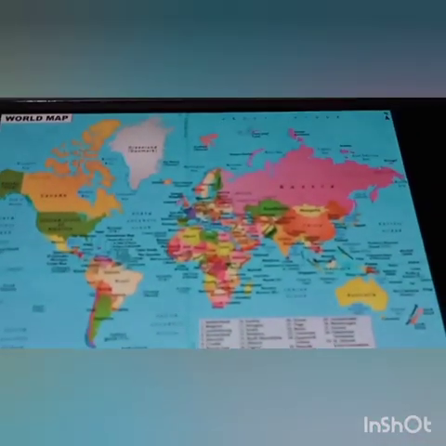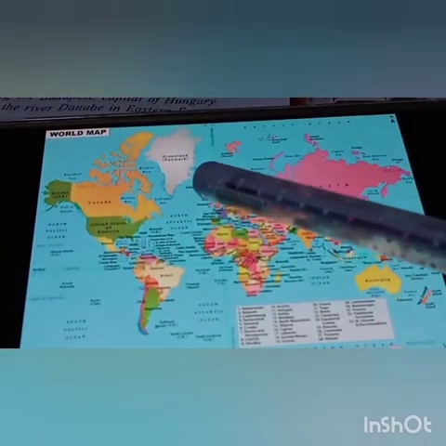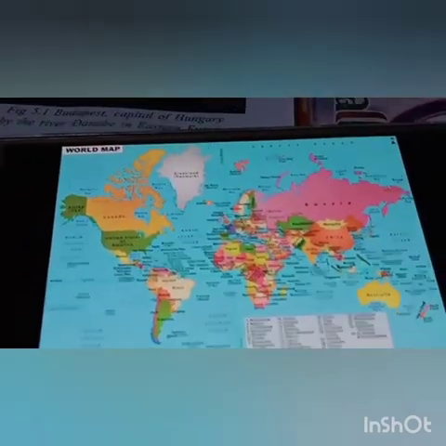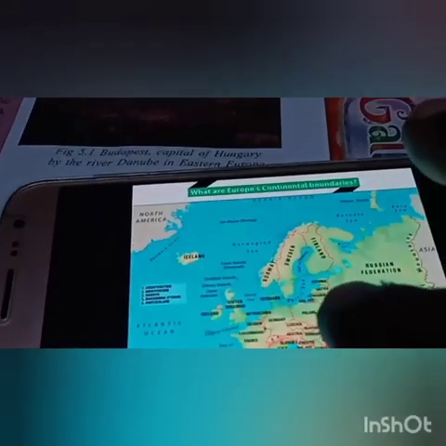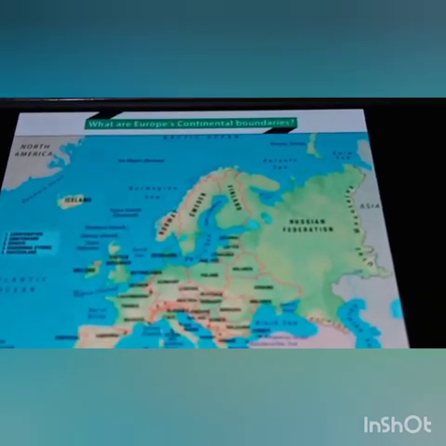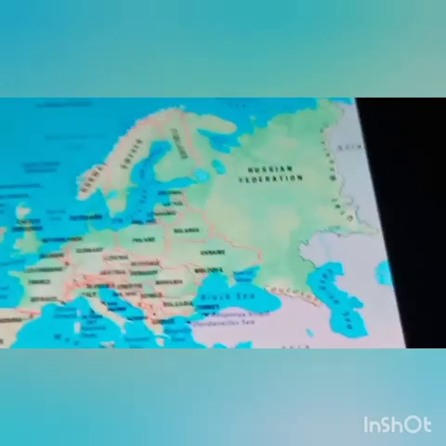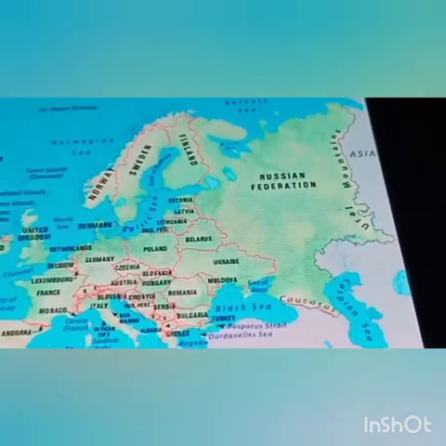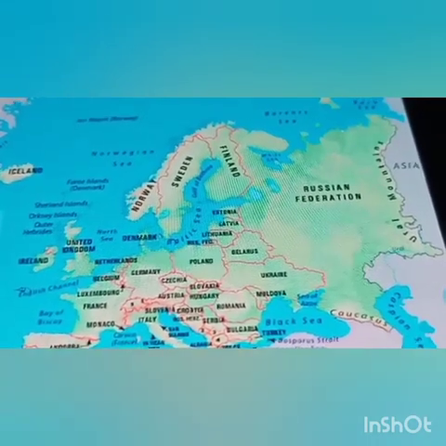Once again, to get a clear understanding about this, this area is nothing but Europe. So these are some important things which you have to remember in Europe.